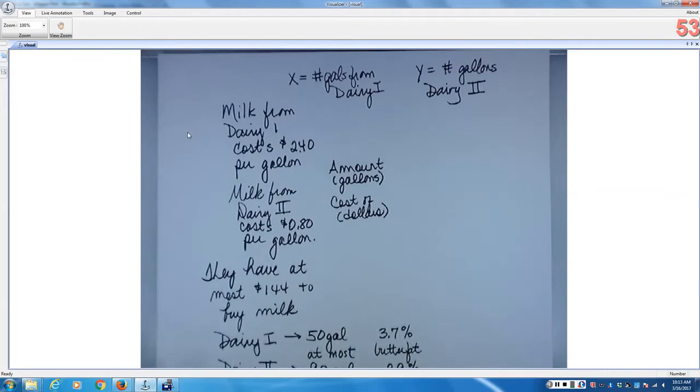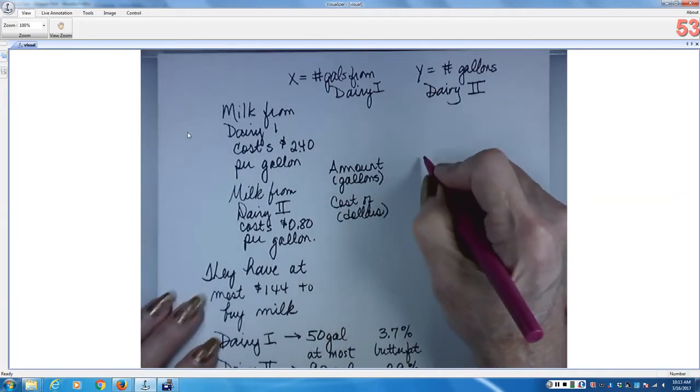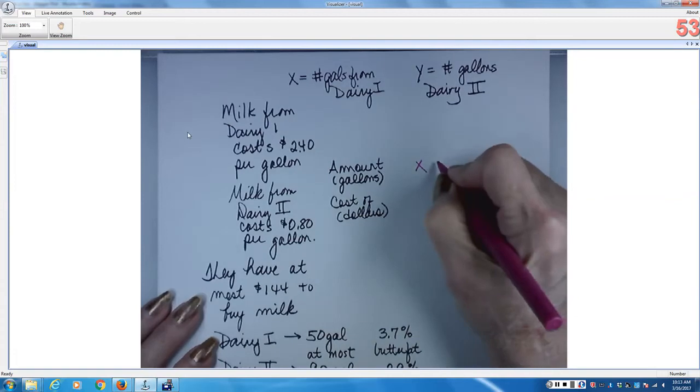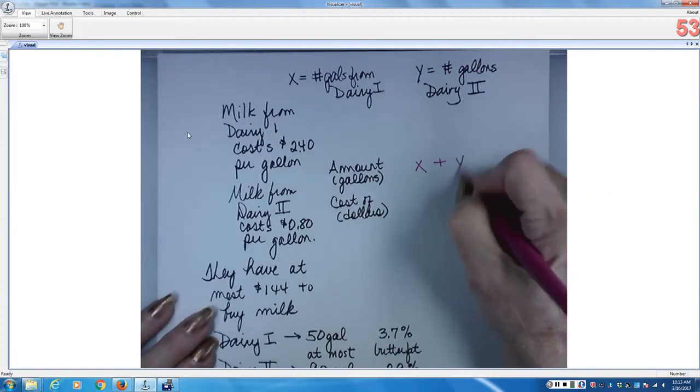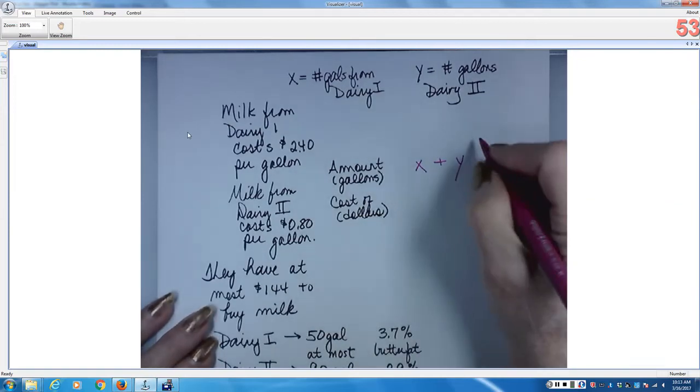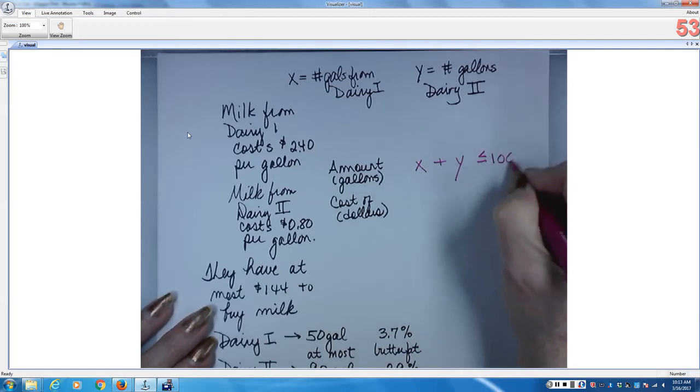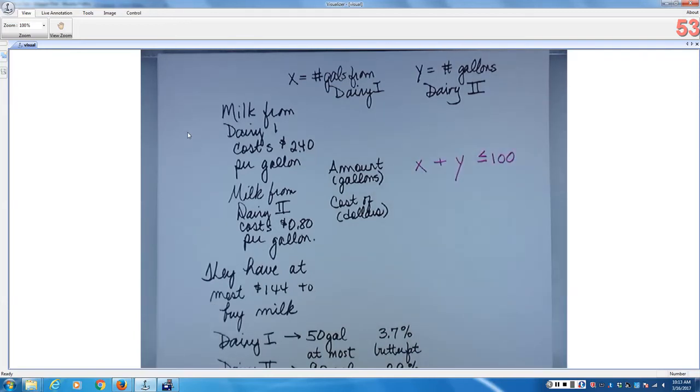So that tells you that the amount of milk they buy from dairy 1, which is X, plus the amount of milk they can buy from dairy 2, which is Y, must be equal to or less than 100. So we've taken care of that part.